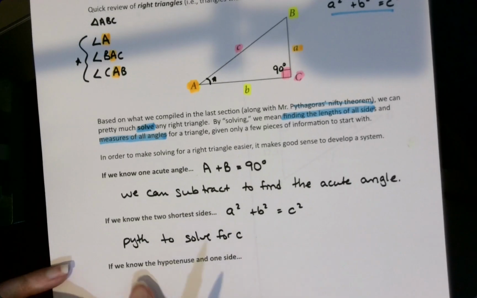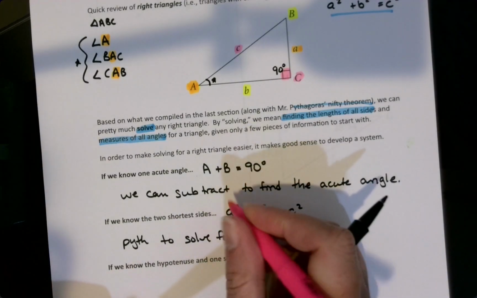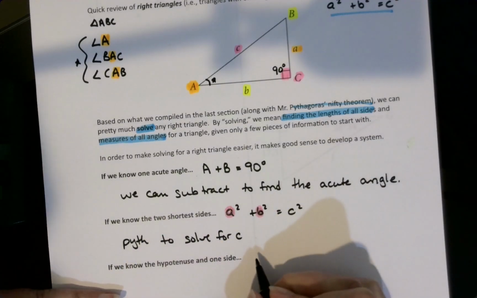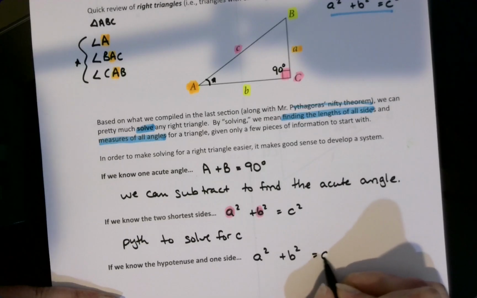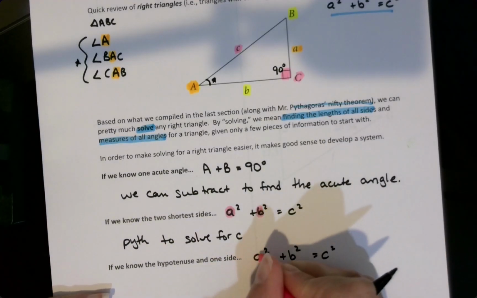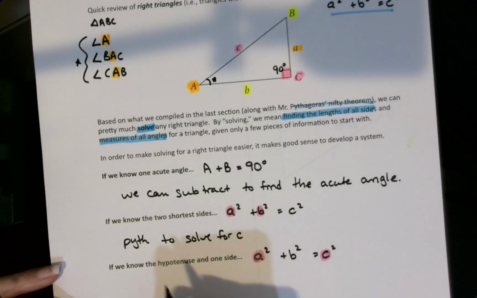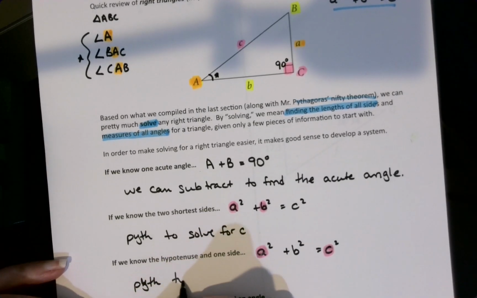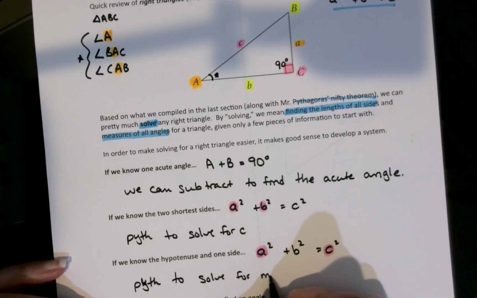And if we know the hypotenuse and one side, so in the first case we knew the shortest two sides, A and B. If I know the hypotenuse and one side, a squared plus b squared equals c squared again. In this case, I'm going to know one of the sides and the hypotenuse. Again, I can use the Pythagorean theorem to solve for whatever the missing side is, so b or a or whatever, to solve for the missing side.